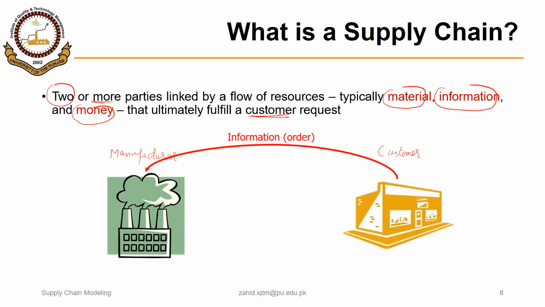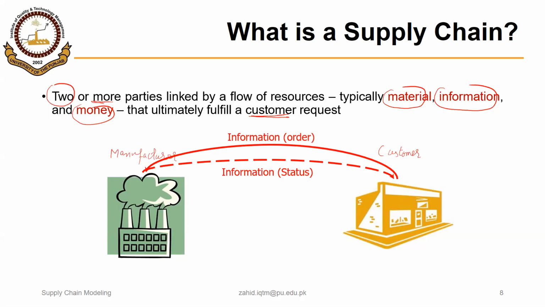So mostly the flow of information in a general setting starts with the customer. The customer places the order, for example, with the manufacturer or retailer. And there is a flow of information from this manufacturer to the customer as well, for example, on the status of the availability of the product that the customer is asking for, or any other details related to the order that the customer has placed.